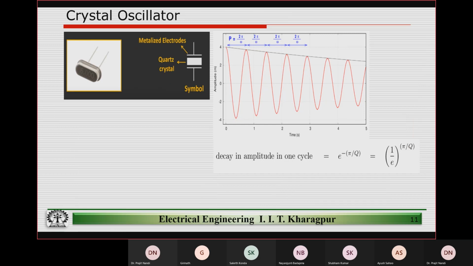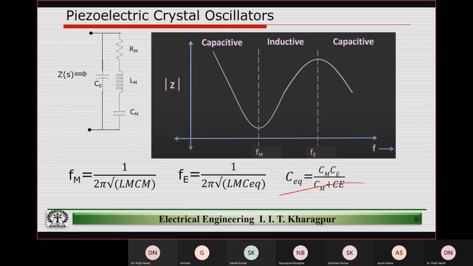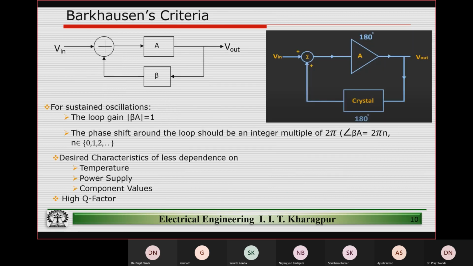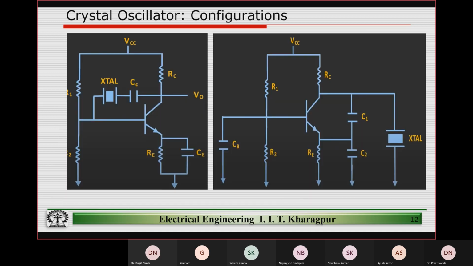If you go back to the series plot, this is the series resonant frequency. In the configuration that I'm showing here, the first one, this is going to resonate at the series resonant frequency.